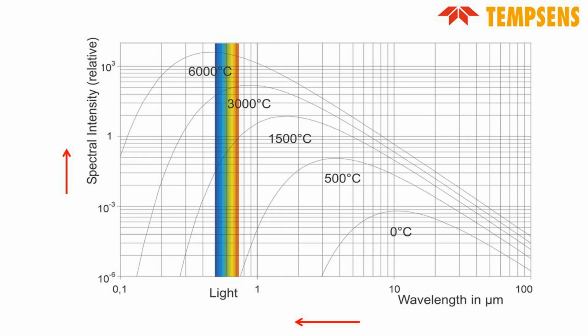This is basically a graph between spectral intensity of infrared radiation and its wavelength with respect to increasing temperature. If you can see, as the temperature increases, the infrared radiation's intensity increases and its wavelength drops.